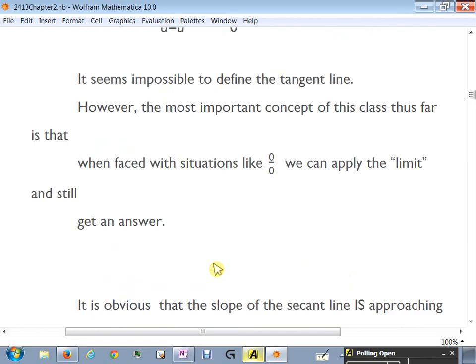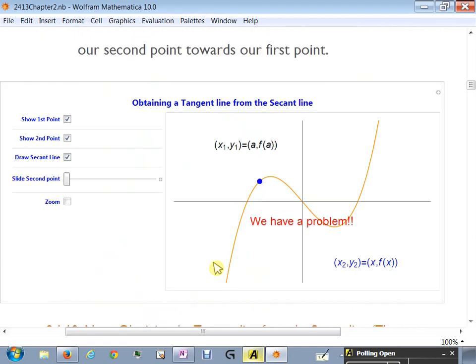So going back to our picture here, when I was moving this, the X here is my X coordinate, isn't it? I want that X to slide over towards this one's X coordinate. What's this one's X coordinate? A. So, wait, you want me to let X get close to A? That's what you want me to do? To move that point over?